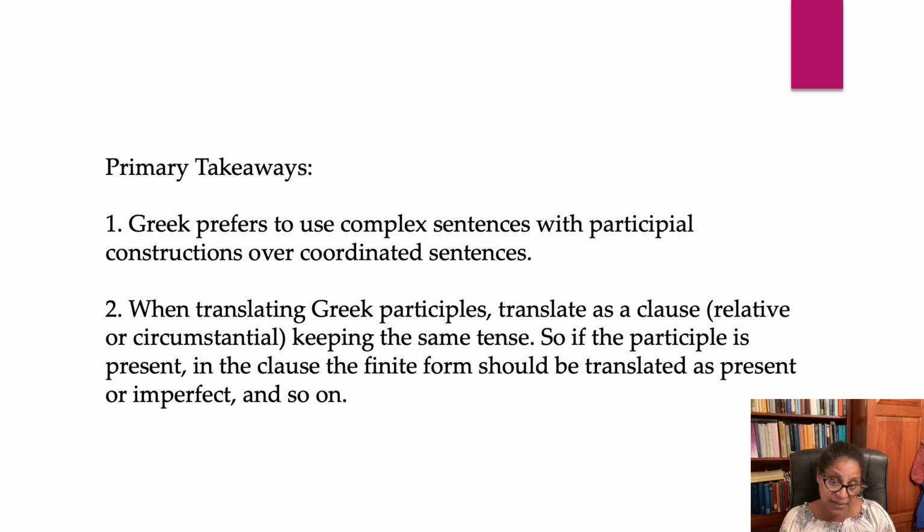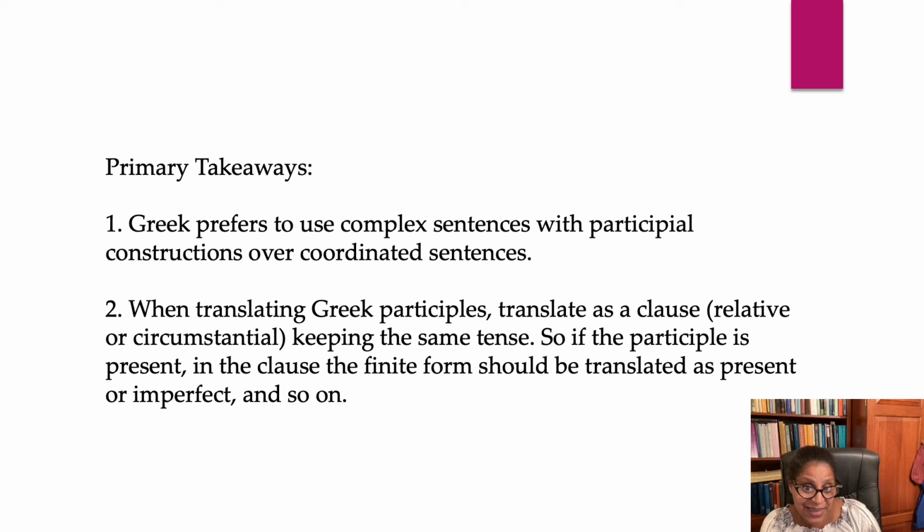So when translating participles, at this stage in your career, I want you to translate them as clauses: as a relative clause if it's attributive, and as a circumstantial clause if it is a circumstantial participle, right? And what you do is you keep the tense. This is where the tense works, right? So if the tense of the participle is present and your main verb, say, is present, then you're going to keep the participle in that subordinate clause as a present.